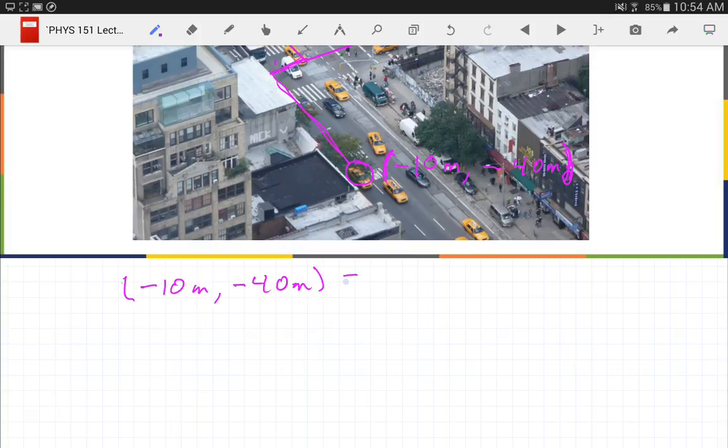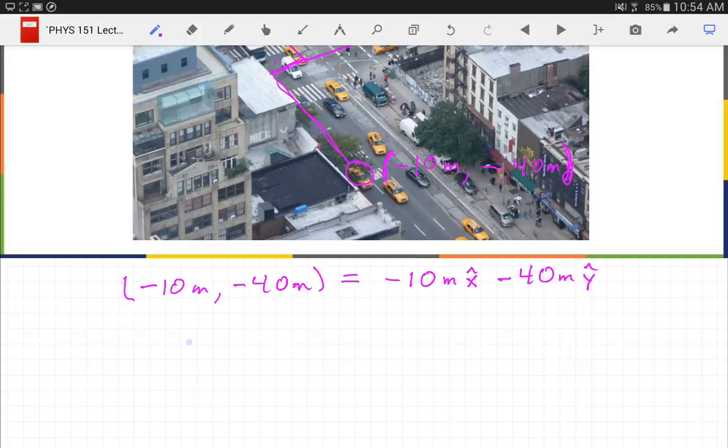But it is more traditional to say that this is -10 meters, and then I put an X with a hat above it, -40 meters, and a Y with a hat above it. I know, cray, whatever. In math, we just call them hats.